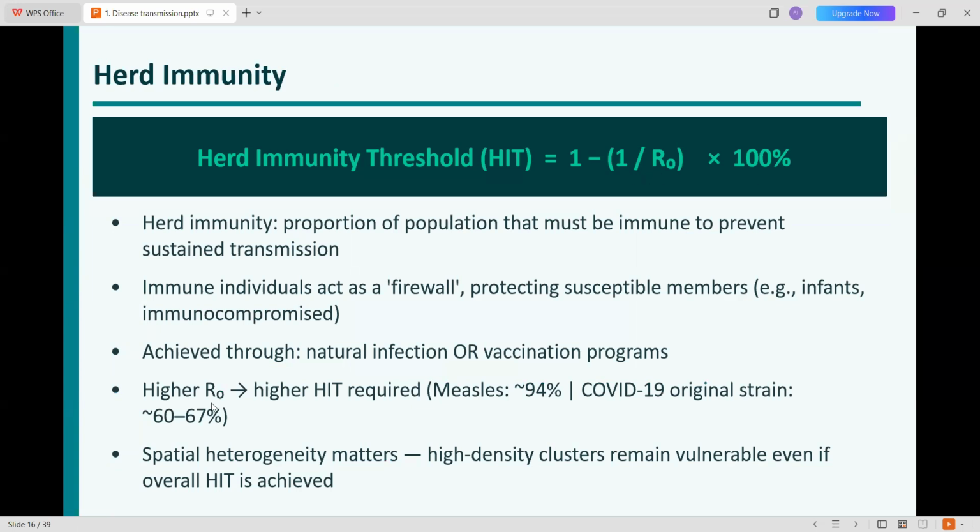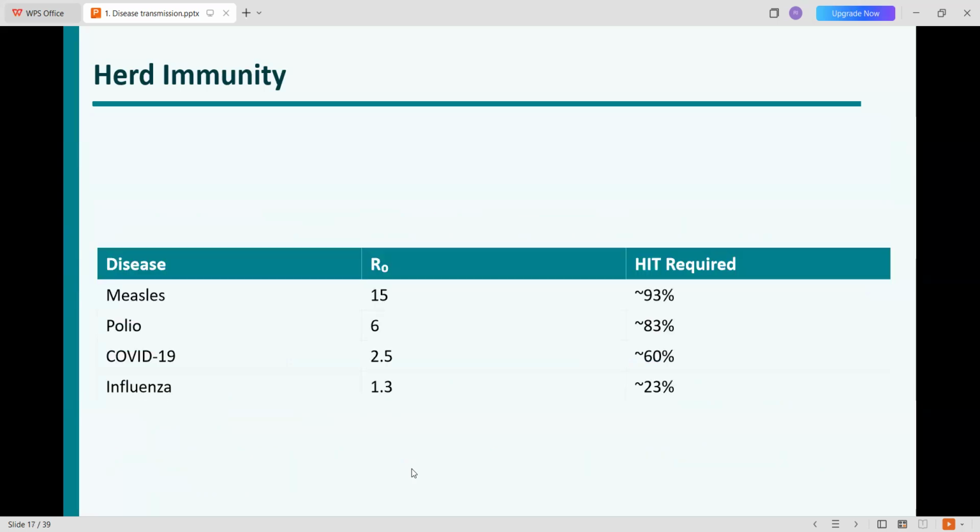So the higher the R naught, the higher the herd immunity threshold required. Measles is approximately 94%, COVID-19 60 to 67%. Spatial heterogeneity matters: high-density clusters remain vulnerable even if the overall herd immunity threshold is achieved.